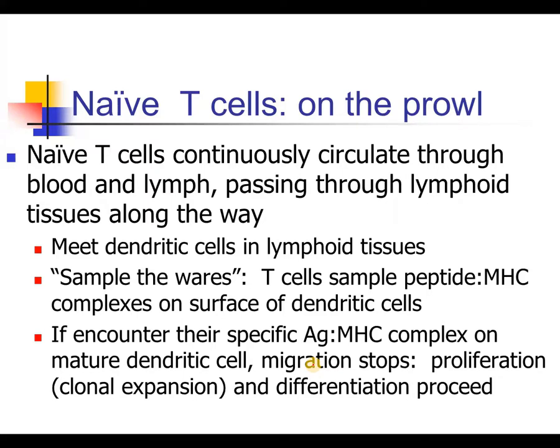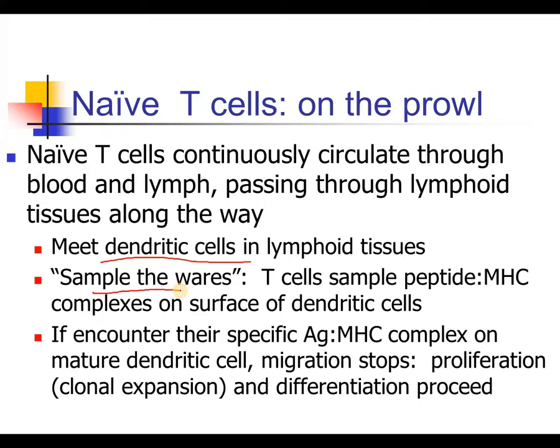And again, recall that the naive T cells are going to be on the prowl. They're going to continuously circulate through the blood and lymph, passing through the lymphoid tissues along the way. They may encounter dendritic cells in the lymphoid tissues and sample the wares. We've seen that before.